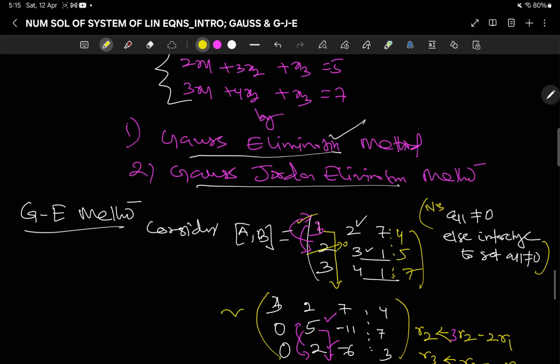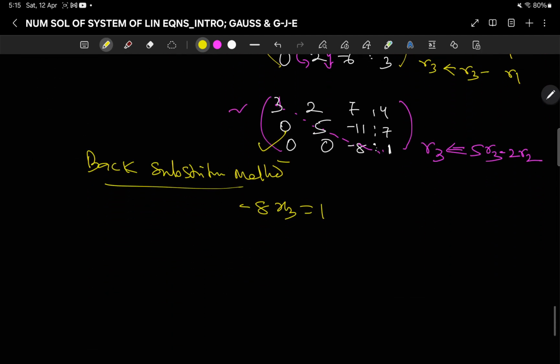We have taken x1, x2, x3. From the second row we have 0x1 plus 5x2 minus 11x3 is equal to 7, and from the first row 3x1 plus 2x2 plus 7x3 is equal to 4.